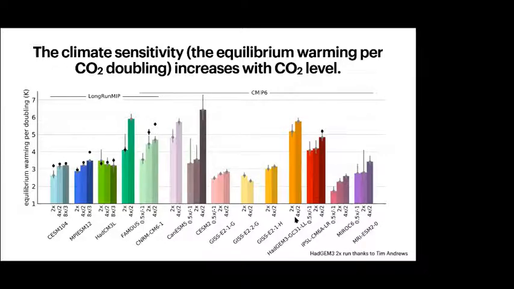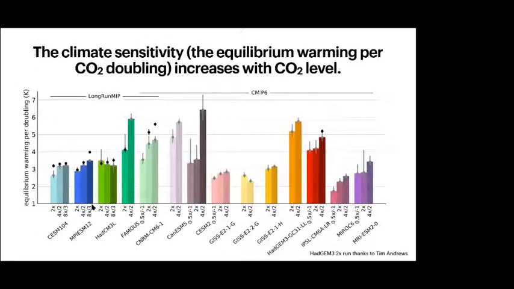This picture becomes even clearer if you include half times CO2 experiments or 8 times CO2 experiments in the LongRunMIP project. In general, for most models, the higher the CO2 level, the more warming you get per doubling.